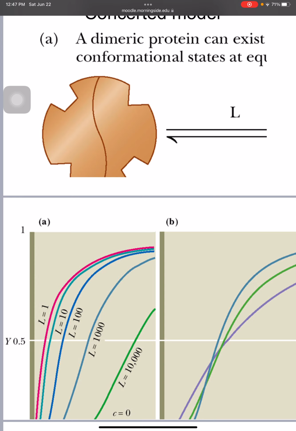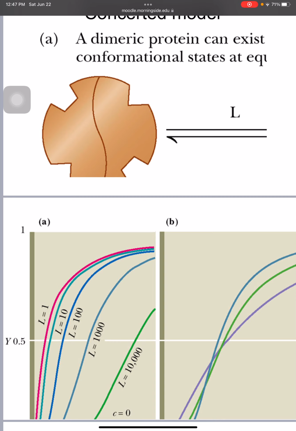And you can see some interesting effects here in these two graphs. If you look at the picture on the left, this shows the activity curves for an allosteric enzyme at different L values.